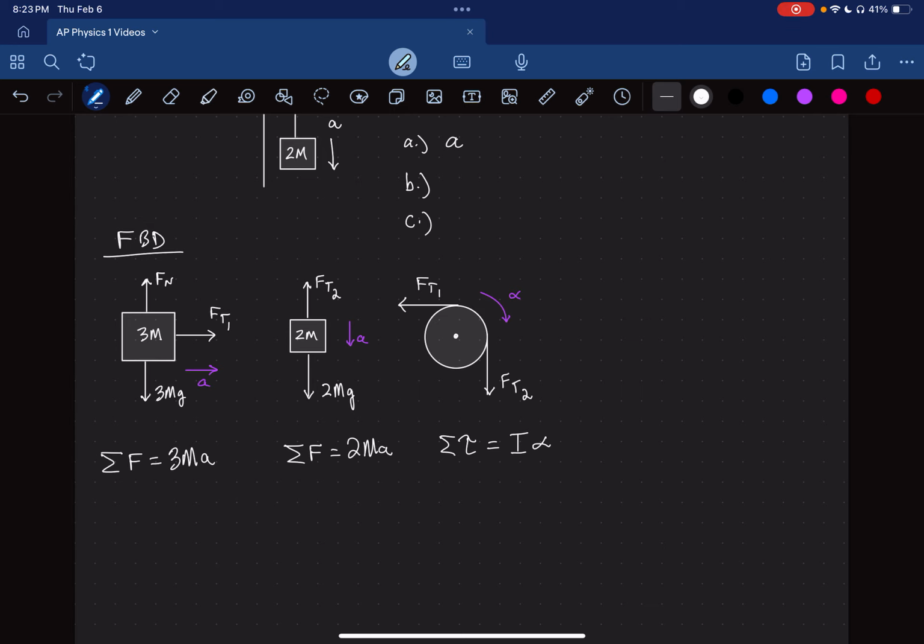So I'm just going to go one by one. The force that is causing the acceleration here is Ft1. That's it. Now, over here, that's 2mg. I've made a mistake, oh, no, I haven't made a mistake, sorry. But yeah, it's 2mg. I was thinking of my labels m1 and m2, but we don't have that. It's just 2mg minus Ft2 equals 2ma. And I should do these further apart.